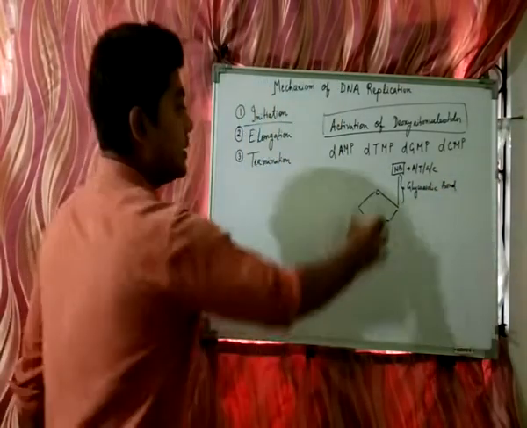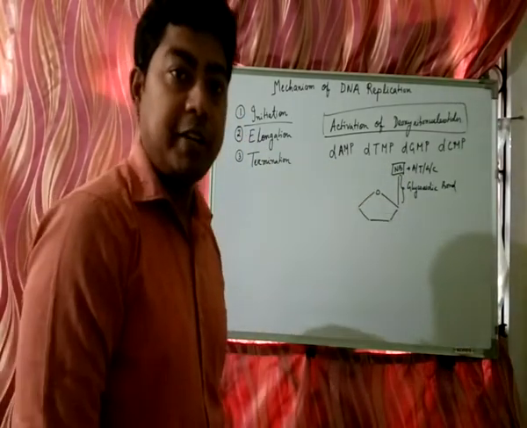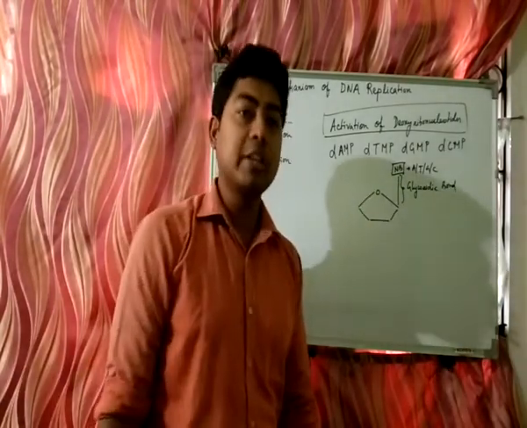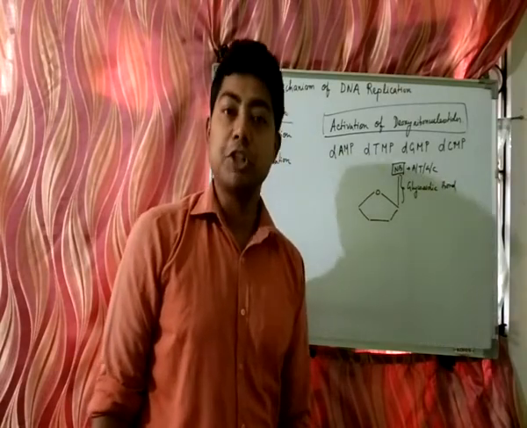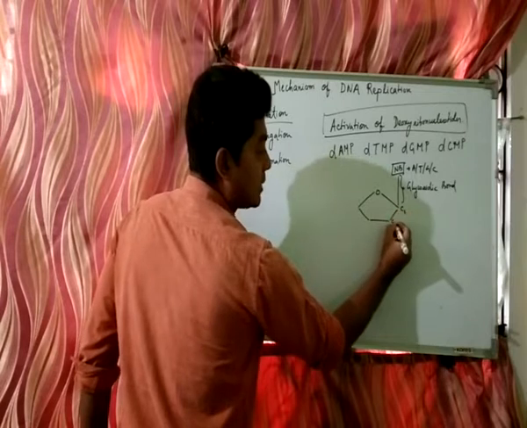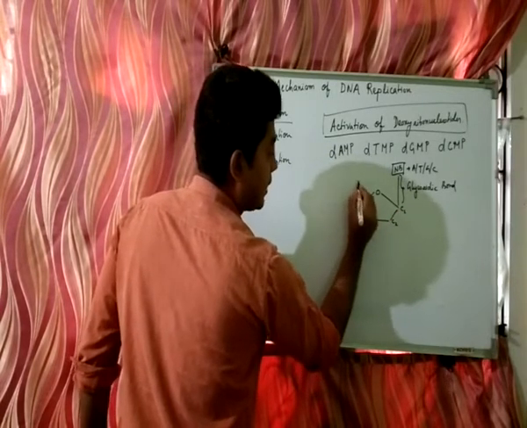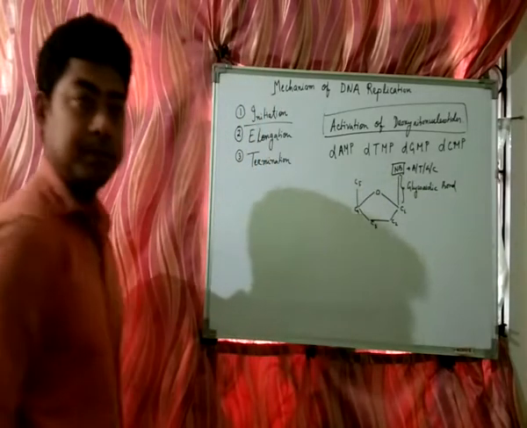Here this is the pentose sugar, called deoxyribose sugar in case of DNA. Why? Because the oxy group is missing at carbon position 2. What is carbon position 2? Here this is carbon 1, that is carbon 2, that is carbon 3, and that is carbon 4. Here that one is carbon 5.